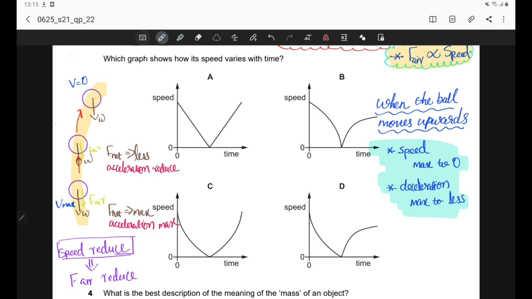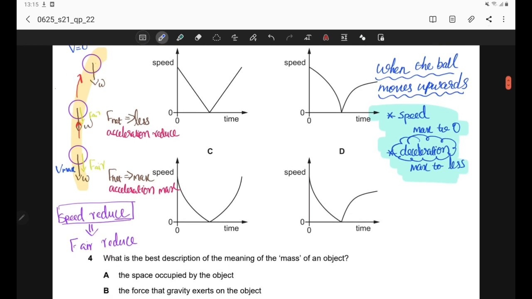Now the next question: from a speed-time graph, how can we check the acceleration or deceleration? Here we need to know that the gradient of a speed-time graph will give you the value of acceleration. When the ball is moving upward, we will get the negative acceleration or deceleration.